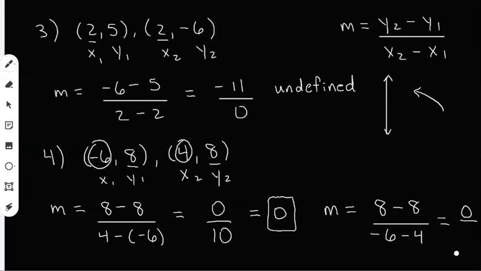But at the bottom of the fraction, what's -6 minus 4 going to give me? It's actually going to be a negative, right? -10. But notice I've still got 0 at the top, which means my answer is still going to be 0. So the second formula does work. So does it work only for the 0 slope, or can it actually work for every single one? Every single question. And I'll show you why.